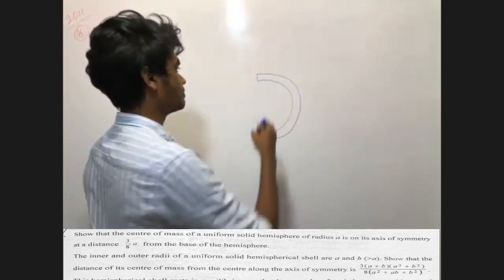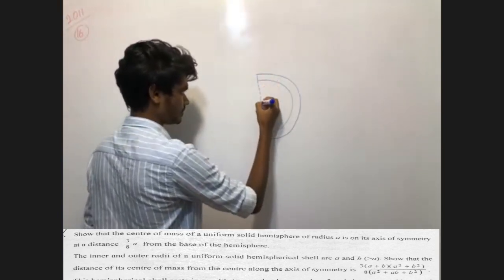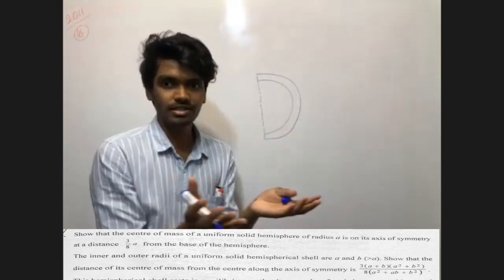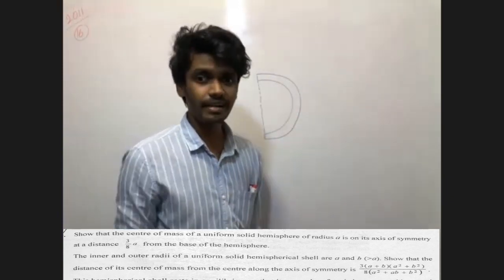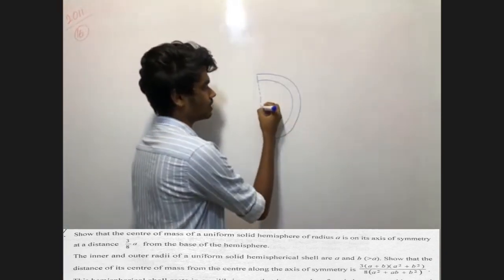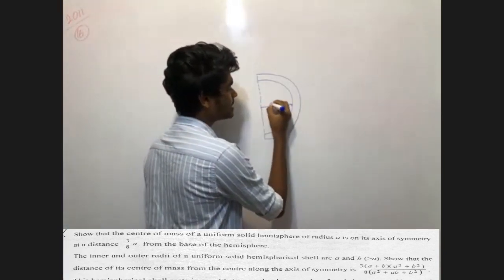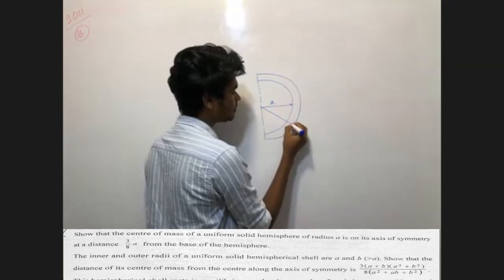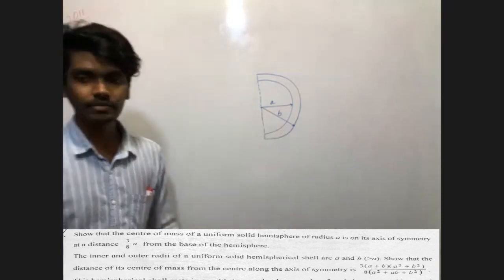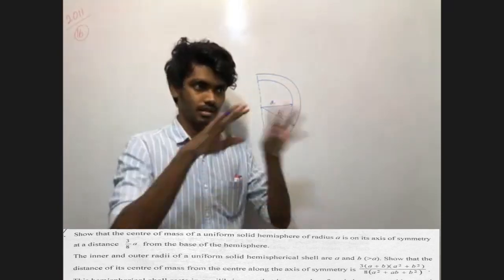Uniform hemispherical shell. Think of it in 3D. Like a coconut shell, it has a thickness. So we are saying simple A is the inner radius while simple B is the outer radius, right? So think about this in 3D.